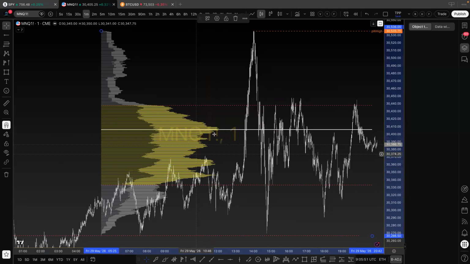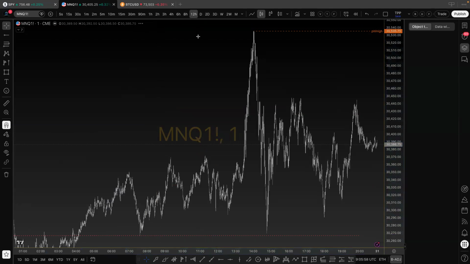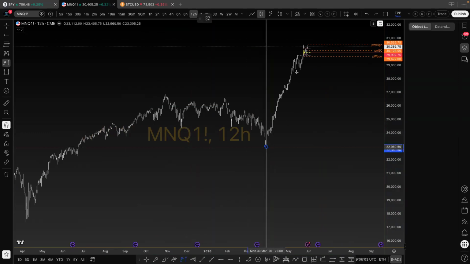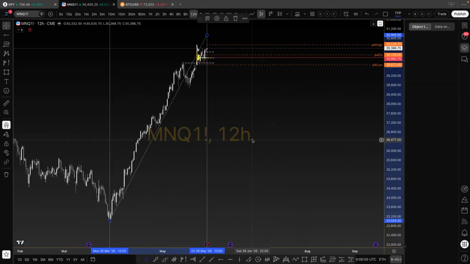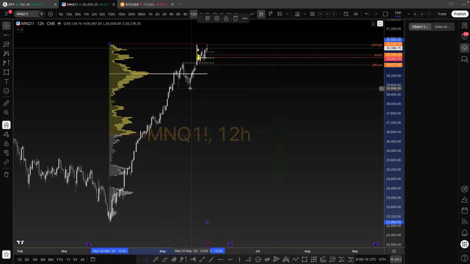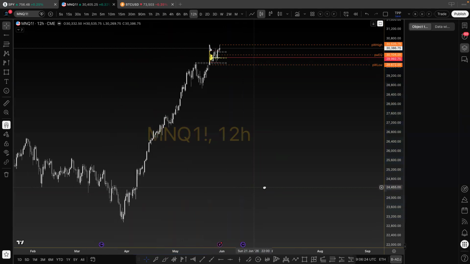And this is much more detailed, even more than those 200 or 400. But the problem with that one is if I go to 12 hours and want to take a look at the volume profile of this whole up move, it will never load, because it's just too much data. Then I go back to my big picture template, which is again my 200 number of rows, and then we can see the volume profile.